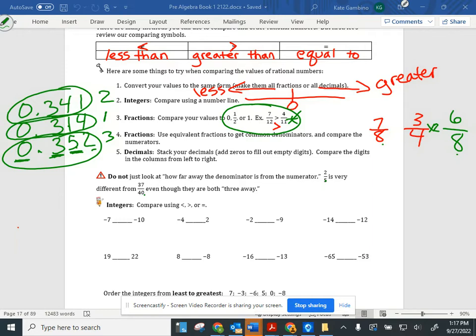But oh goodness, 2/5, that's less than a half. Is 37/40 less than a half? No. It's close to 1. So you need to really think about what to do with those fractions. Don't just say, oh, it's close to my denominator. It's 3 away from the denominator. You have to really compare it.